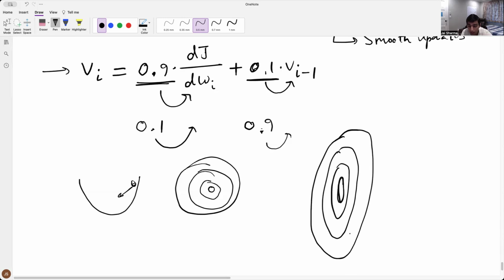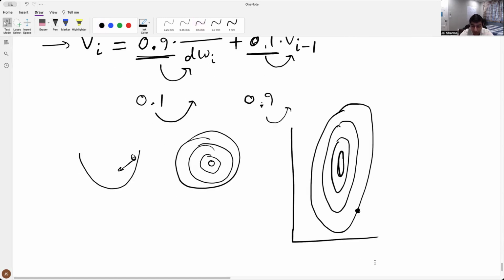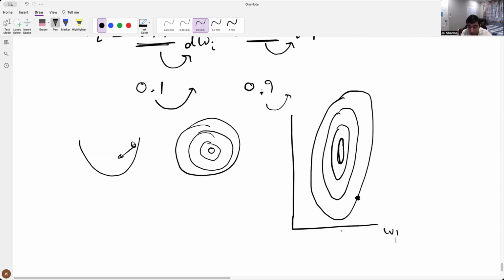Okay, so at any given point, let's say we're over here. And this corresponds to W1, and this corresponds to W2. So two different weight parameters. This is whatever the value of W1 is at this example, and this is the value of W2.